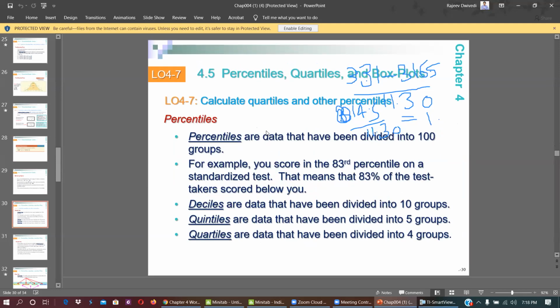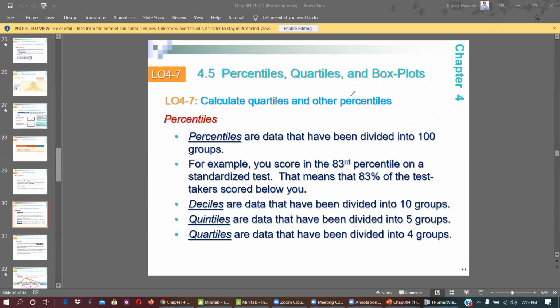Now we are going to learn a very important thing which is called percentile. So you learned median. What is the median? In a very simple way, let's say this is our data.